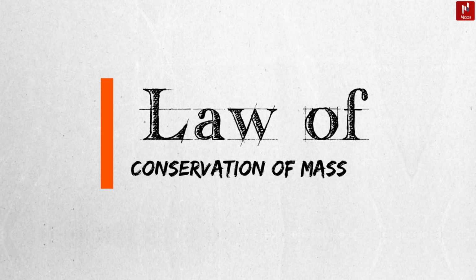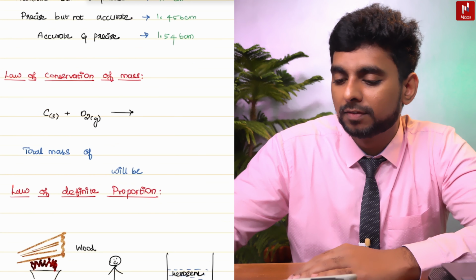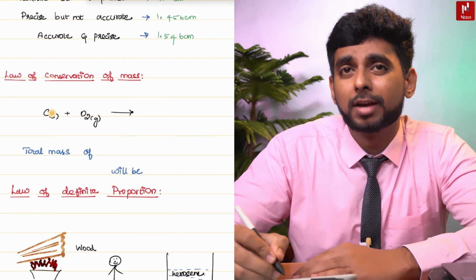The first one is simple, straight away one, which is the law of conservation of mass. So here the example that I've taken is a carbon solid, whatever it is, coal, coke, whatever it is. I've taken a solid mass of carbon and then I'm going to burn it. Once I ignite it, what will happen?